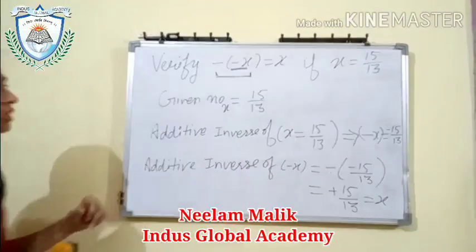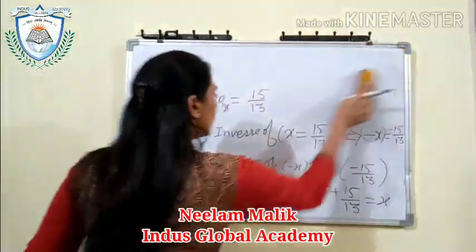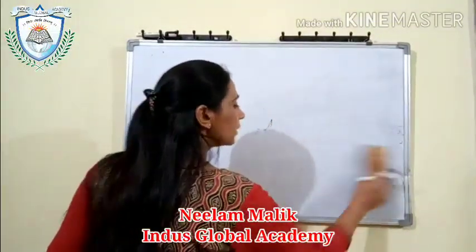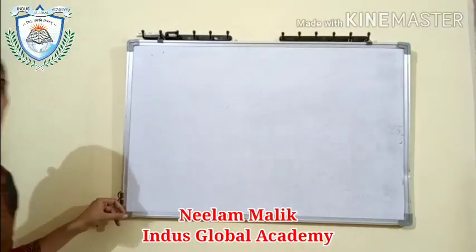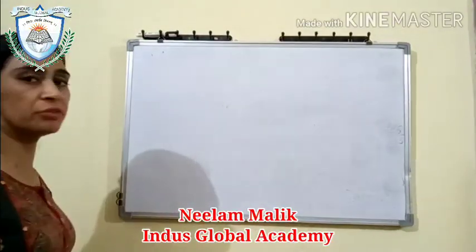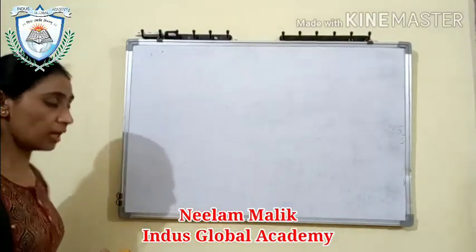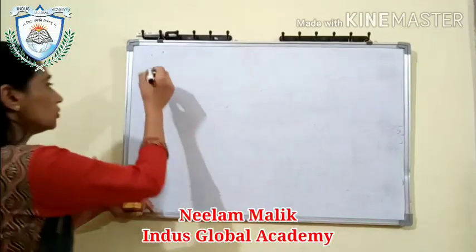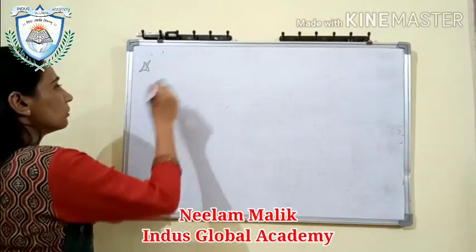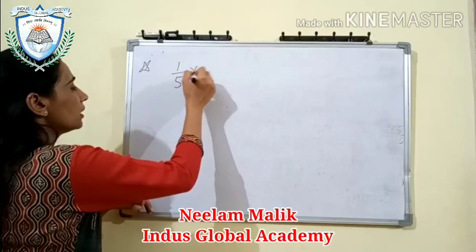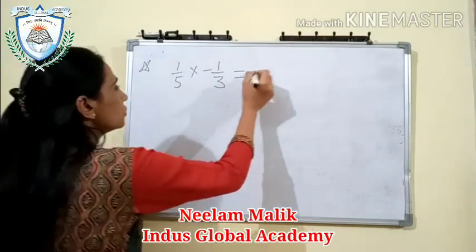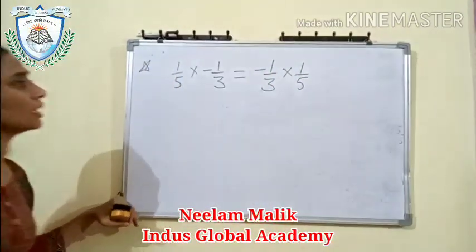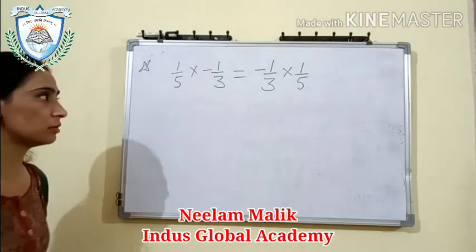Okay, next, you have to tell, we have done here 4 properties for the rational numbers. First was the closure property, second is commutativity, third one is associativity, and fourth one is distributivity. So suppose one number is given: 1 upon 5 multiply minus 1 upon 3 is equal to minus 1 upon 3 into 1 upon 5. You have to tell which property is used here.